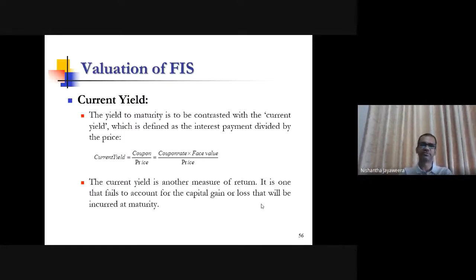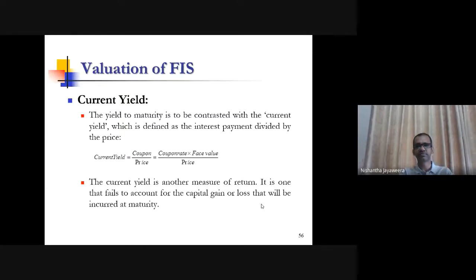So for the price that we pay, what is the interest income that we earn? That's the ratio, the current yield. But in this measure, we don't account for capital gains or losses that we may get at maturity. That's the weakness of current yield.